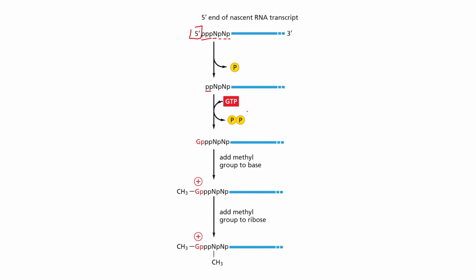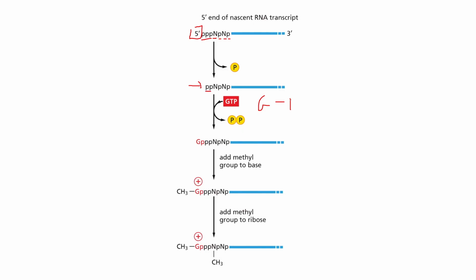So what happens? Well, we have one phosphate group right here, and we can attach GTP, or guanine triphosphate, onto this 5-terminal end. Now, we don't want to add all 3 phosphates onto it. So what's going to happen is that we're going to have GTP.